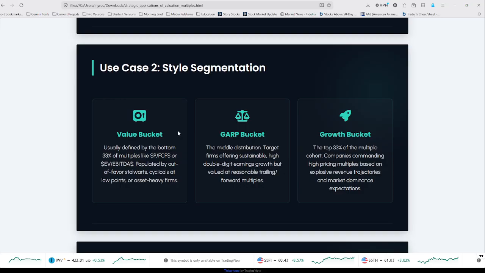So what may be perceived as the best valuations should be in the first bucket. What are believed to be the highest multiples should be in the last bucket, or the highest bucket.